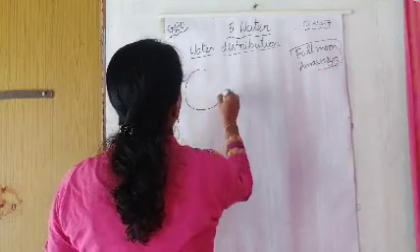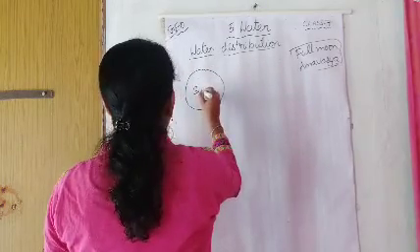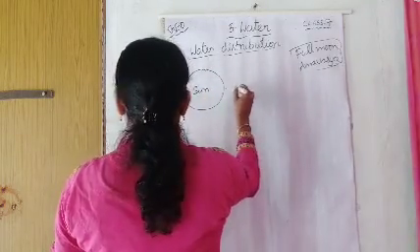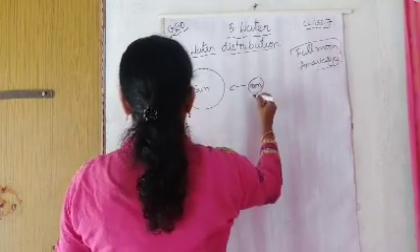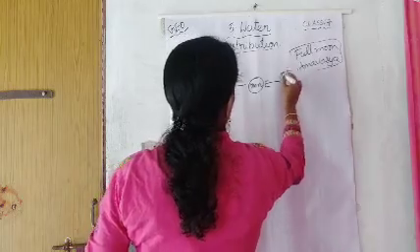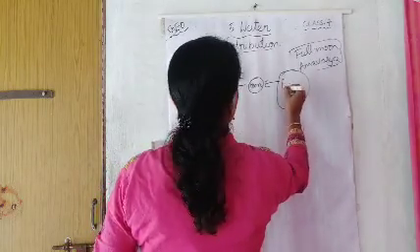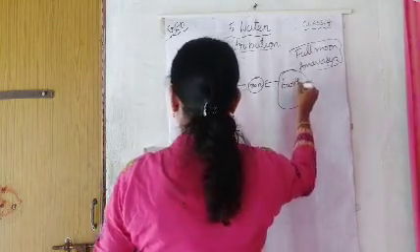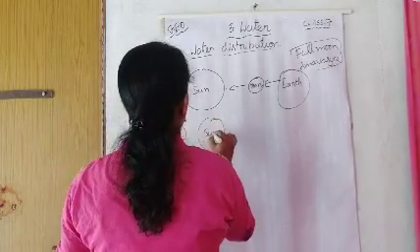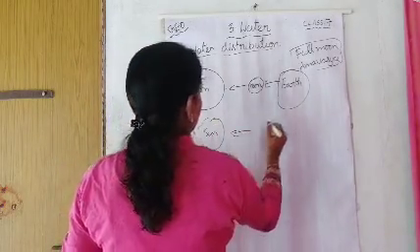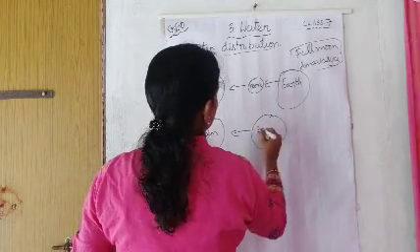So for spring tides, this is the sun, moon and this is the earth. Or otherwise, here sun, here earth and here moon.